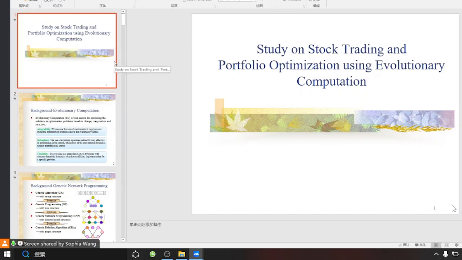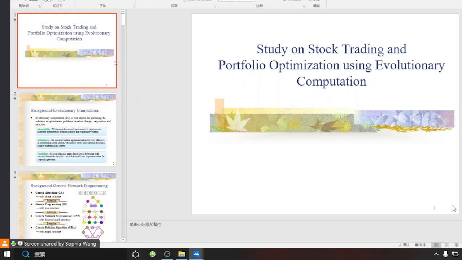Yesterday I told you that we have a lot of trading algorithms. This is one kind of trading algorithm. Originally, this idea is from machine learning, from artificial intelligence. My basic concept is from this. So it's a study on stock trading and portfolio optimization using evolutionary computation.